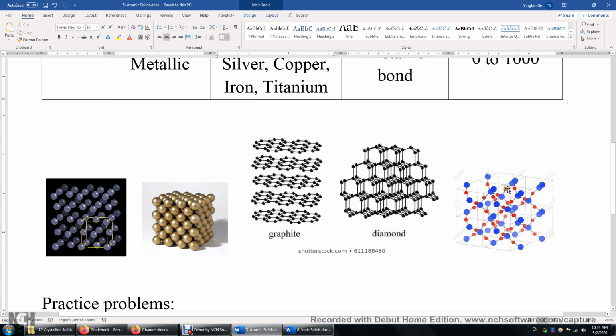Over here, this is silicon dioxide. The blue spheres are silicon atoms. The red spheres are oxygen atoms. You can see every single silicon is bonded to 4 other atoms. Usually, silicon is bonded to 4 oxygen atoms unless there's a defect. And each oxygen is bonded to 2 silicon atoms. This is because oxygen has 6 valence electrons.